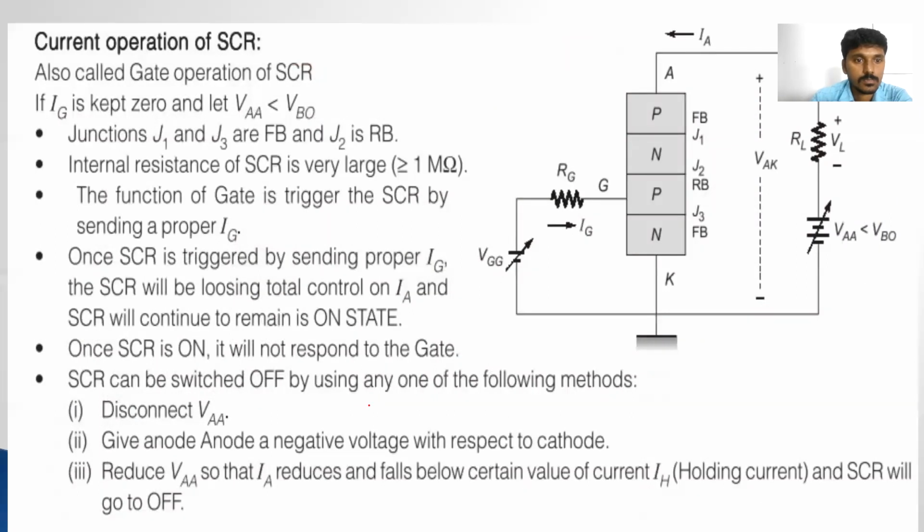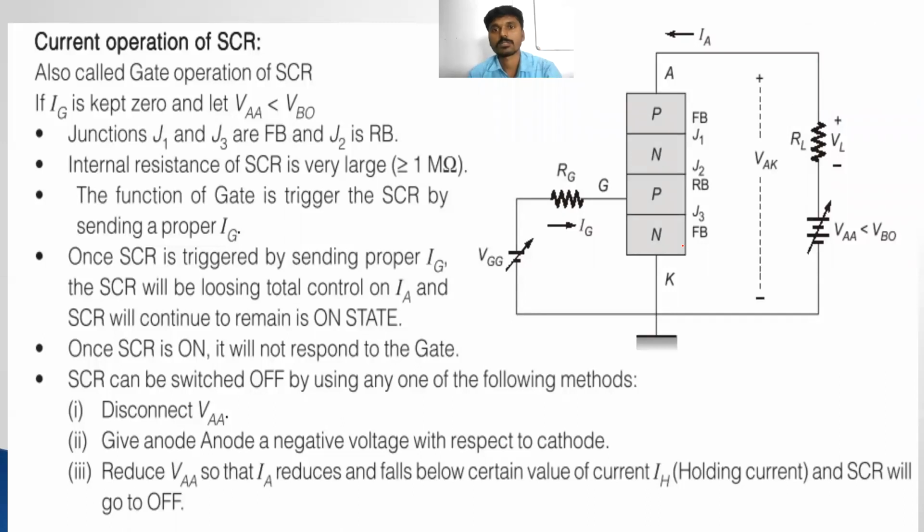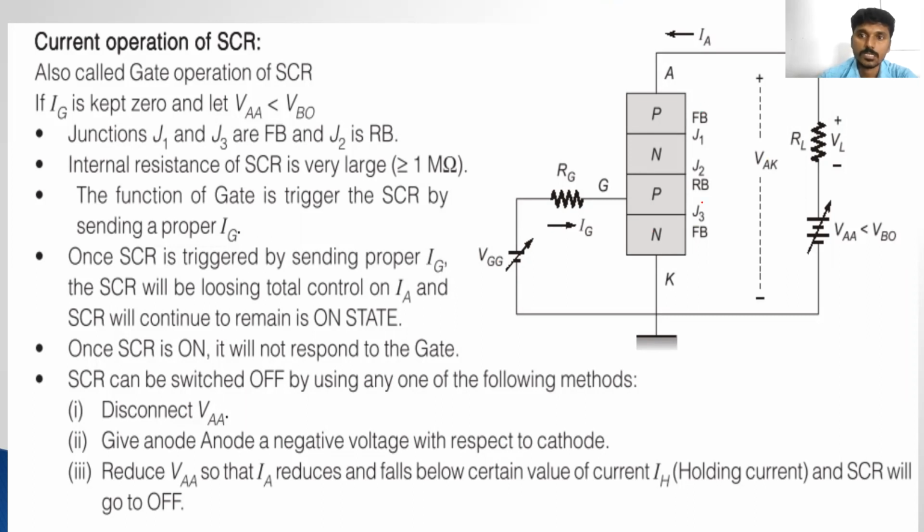You can go through this theoretical concept. We have already discussed the VI characteristics of SCR: the modes of SCR, and the equivalent circuit diagram of SCR. When junctions J1 and J3 are forward biased, junction J2 is reverse biased. When J1 and J3 are reverse biased, J2 is forward biased.